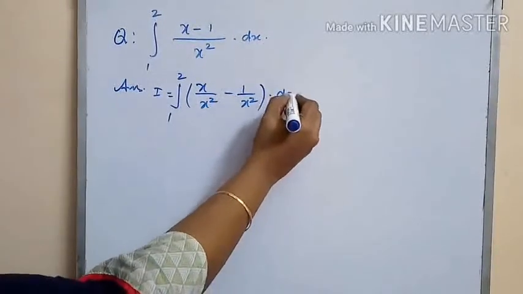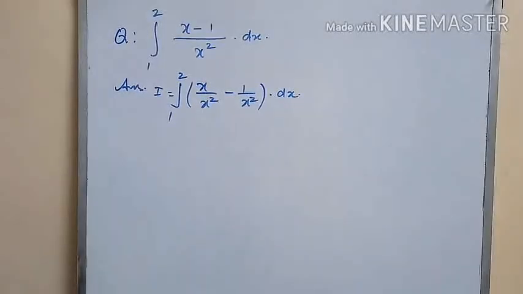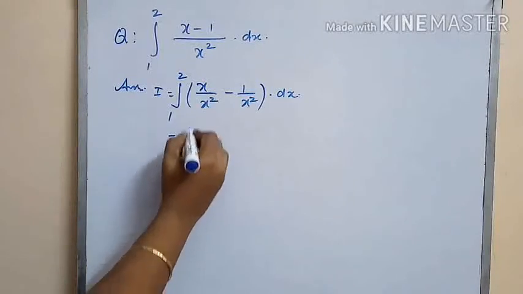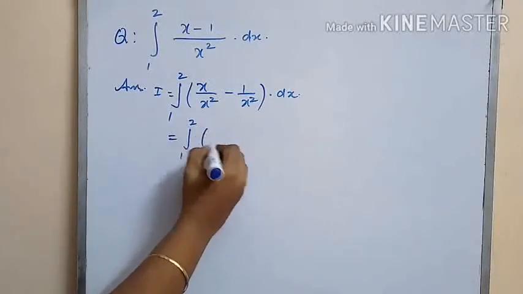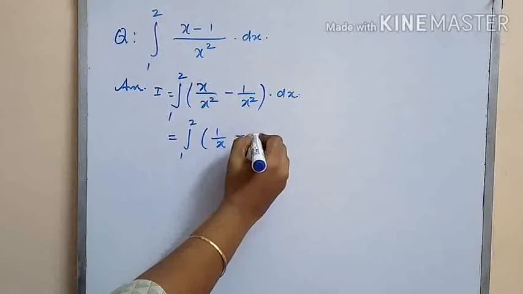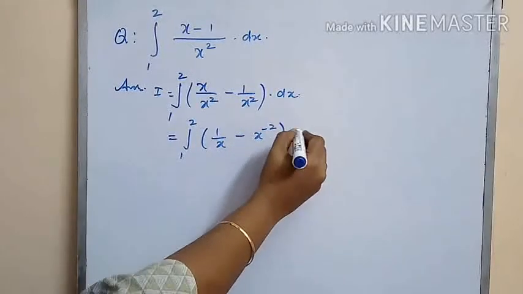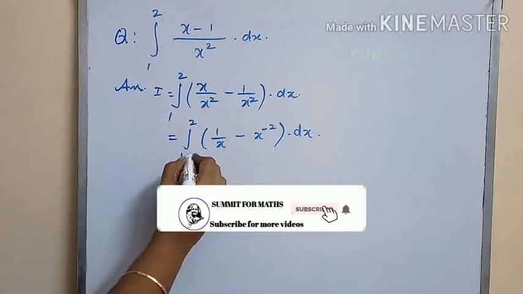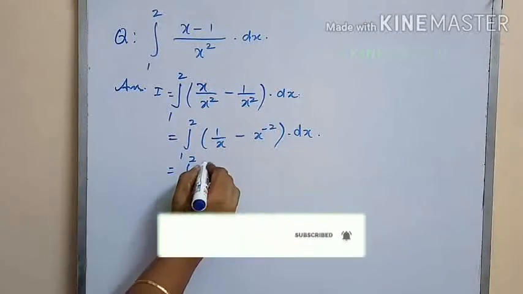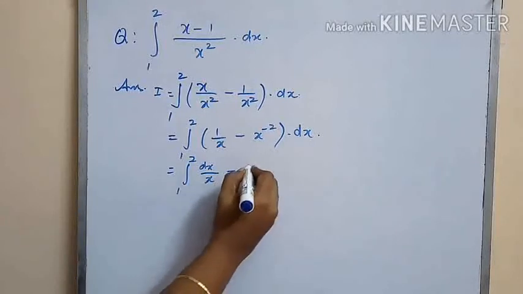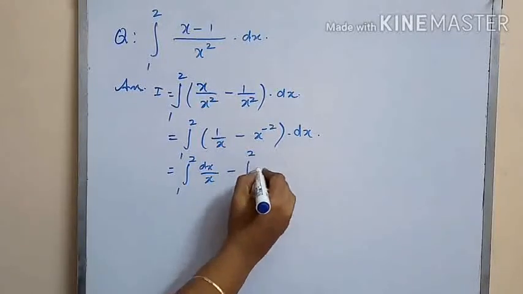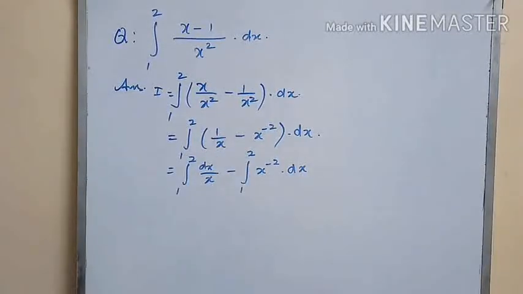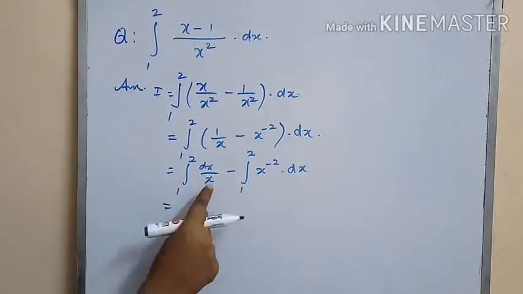So I is equal to integral 1 to 2 x by x squared minus 1 by x squared into dx, which can be written as integral 1 to 2 of 1 by x minus 1 by x squared, which can be written as x to the power of minus 2, into dx. Integral 1 to 2 dx by x minus integral 1 to 2 x to the power of minus 2 into dx.